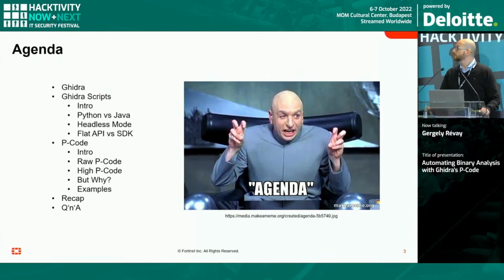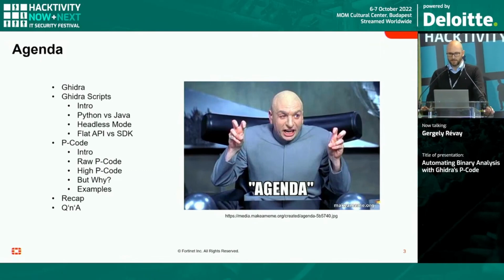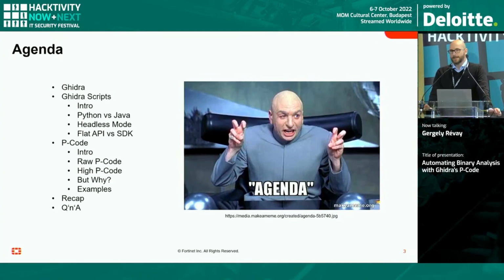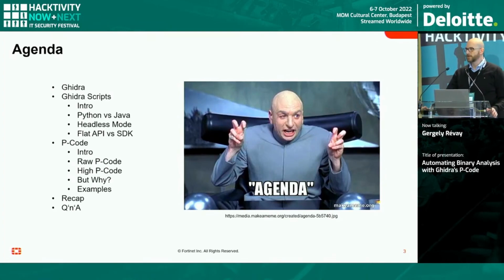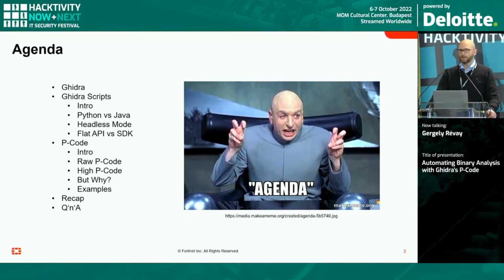So the agenda. I'm going to talk about Ghidra, specifically the intermediate representation in Ghidra called P-Code. A quick disclaimer, I'm not a Ghidra expert, so I use it from time to time whenever I need it. I actually started using Ghidra because of a specific project I worked on, and I was positively surprised.